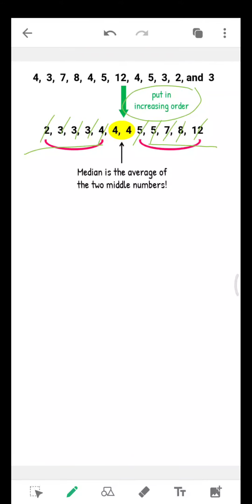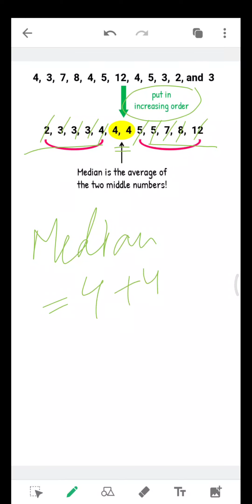Which are the middlemost? 4 and 4. So these two numbers are in the middle. What will be the median for this data? It will be the average of these two, 4 plus 4 by 2, that is the mean of these two middlemost terms. 4 plus 4 by 2 is 8 by 2, and that will be again 4 only. So the median of this data is 4.